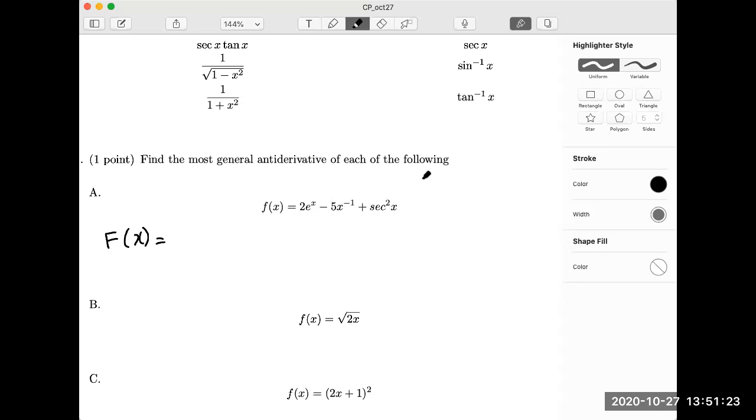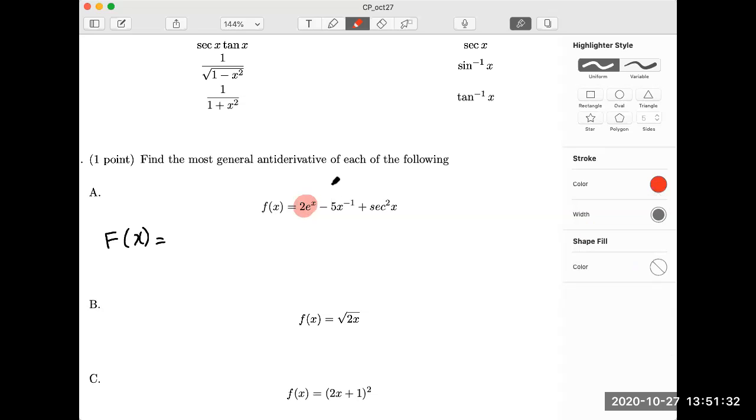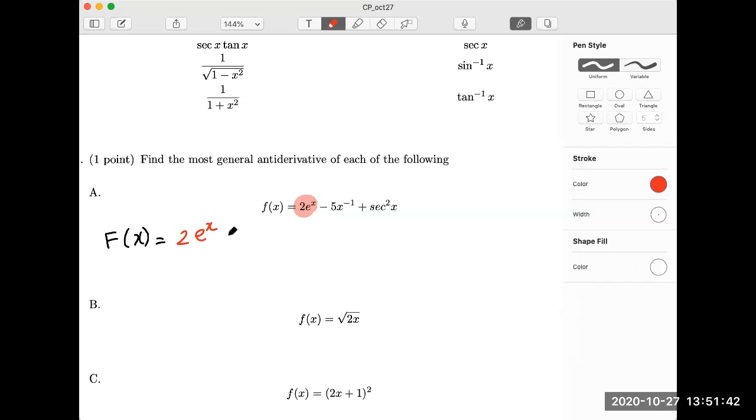The first term, what is the antiderivative of 2e to the x? Yes, very good. 2e to the x. If you're not sure, compute the derivative of this. You'll see that it will be exactly 2e to the x. That is the way to check it. Okay.